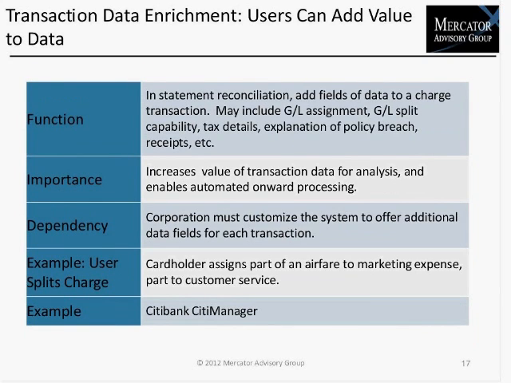We look at transaction data enrichment. I mentioned the idea that when I have an entertainment expense, I, as the user, should be able to add the names of the people that I took out for lunch because they were corporate customers. It's also true that I might need to take a meal charge and, in some cases, assign it to general travel expense, assign it to entertainment expense.